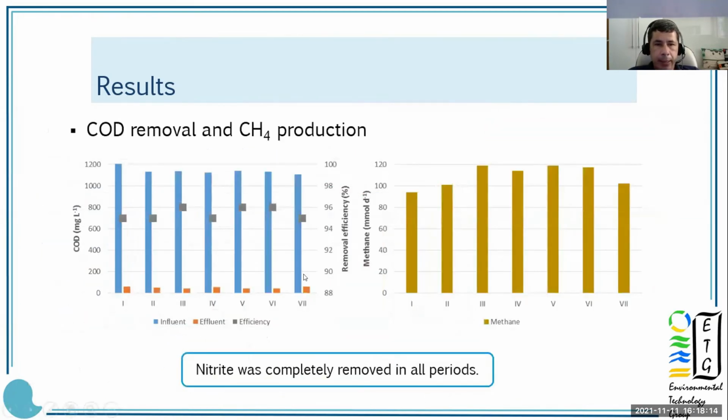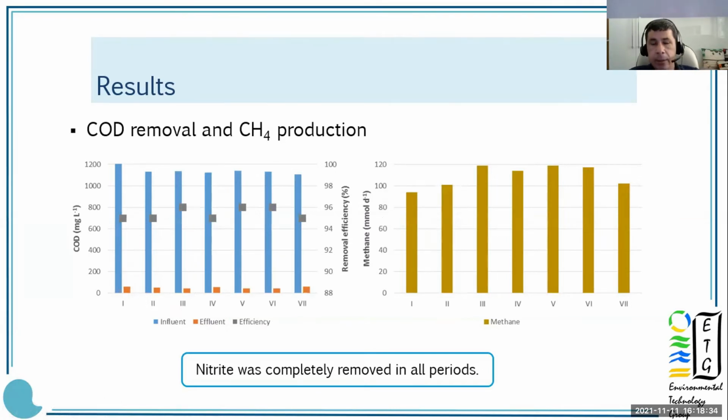Here we can see that in all cases, there was no difference in terms of COD removal, and also very small differences in terms of methane load, in millimoles per day.